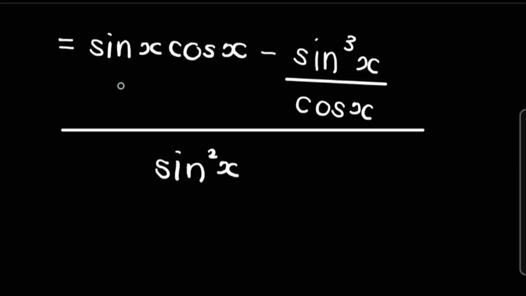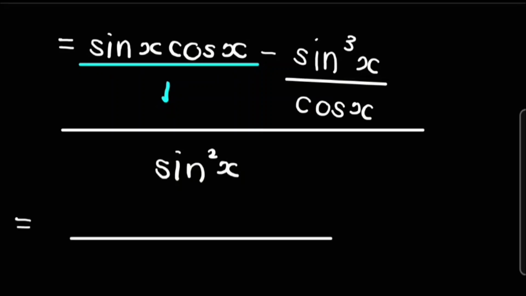What I notice now in my numerator is that I am subtracting 2 fractions with different denominators. Remember this, sine x cos x is a fraction because it's actually over 1. And I've showed you the rule in the previous question. When you are subtracting fractions with different denominators, your aim is to get the same denominator, or an LCD as you've learned it in primary school. Now to do that, we multiply both denominators together.